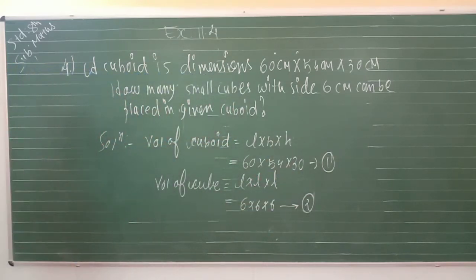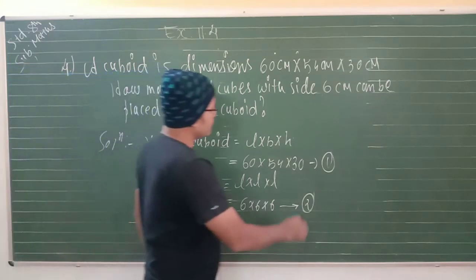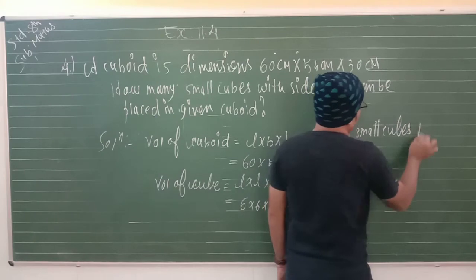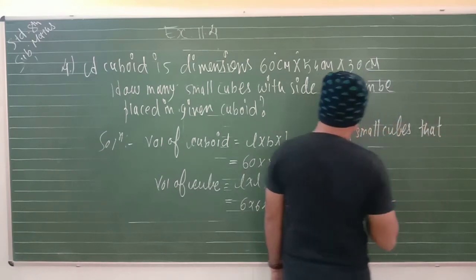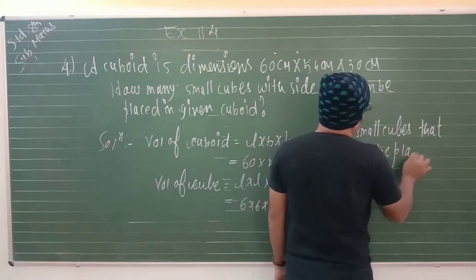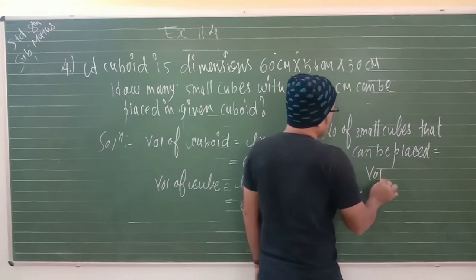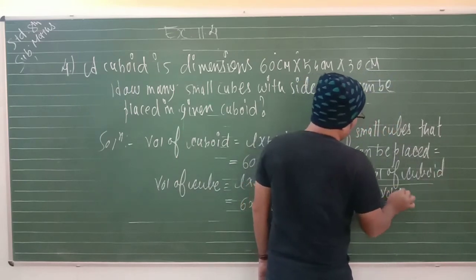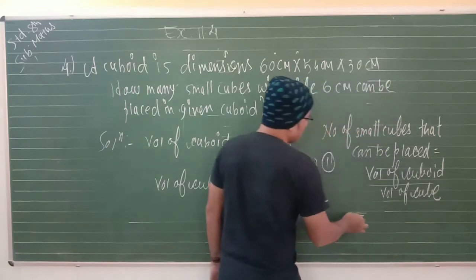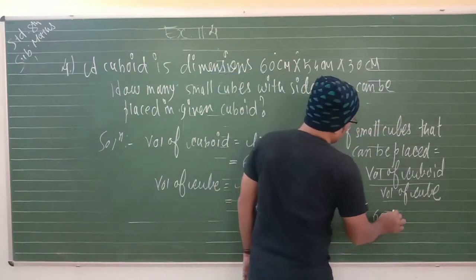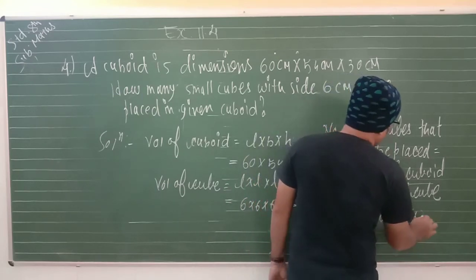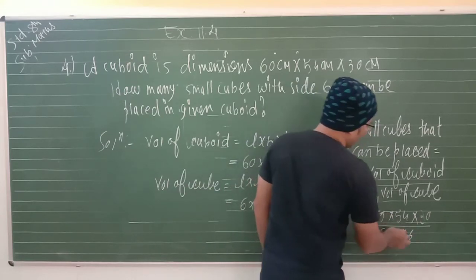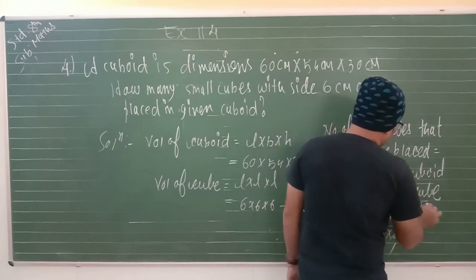Now how many small cubes can be placed? So number of small cubes that can be placed is equal to volume of cuboid divided by volume of cube is equal to 60 into 54 into 30 divided by 6 into 6 into 6. 6 ones are 6, 10s are 10, 6 ones are 6, 9s are 9, 6 ones are 6, 5s are 5.